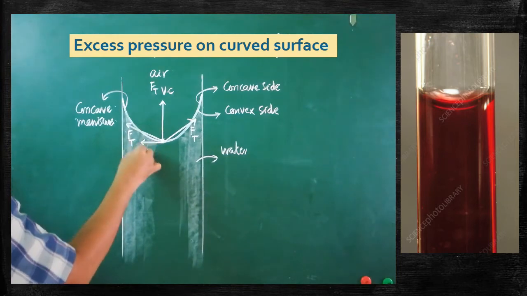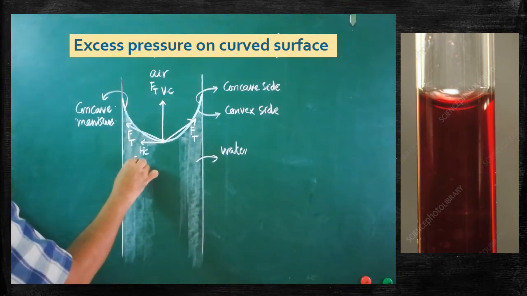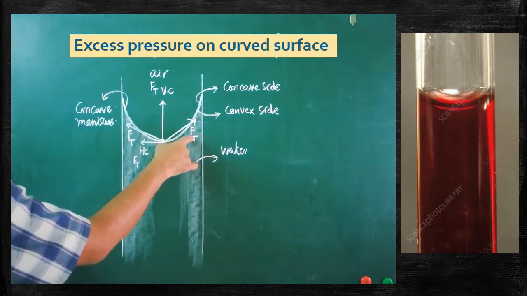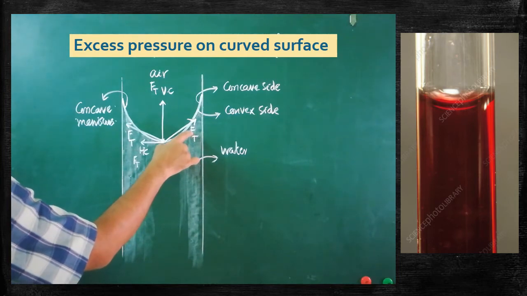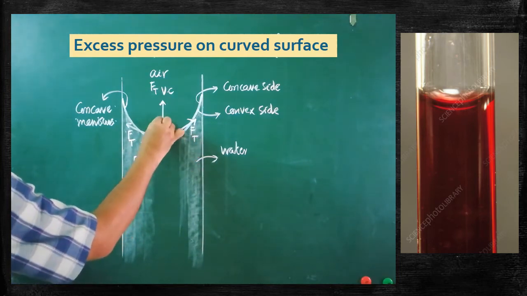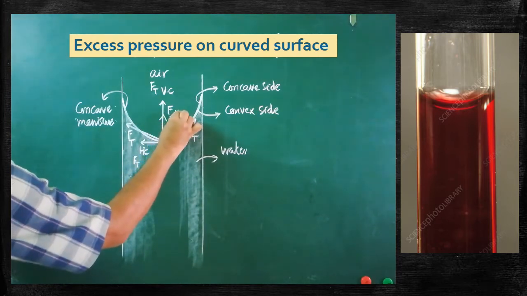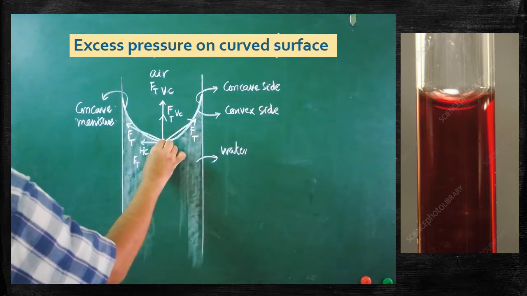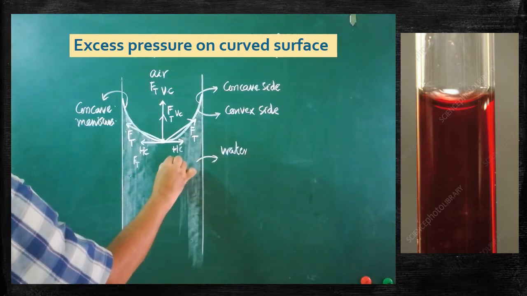Its horizontal component can be called FTHC. Like this, its force Ft can also be resolved into two components. The force due to surface tension, its vertical component can also be written as FTVC. Along this direction, the horizontal component will act. It can be called as what is this?